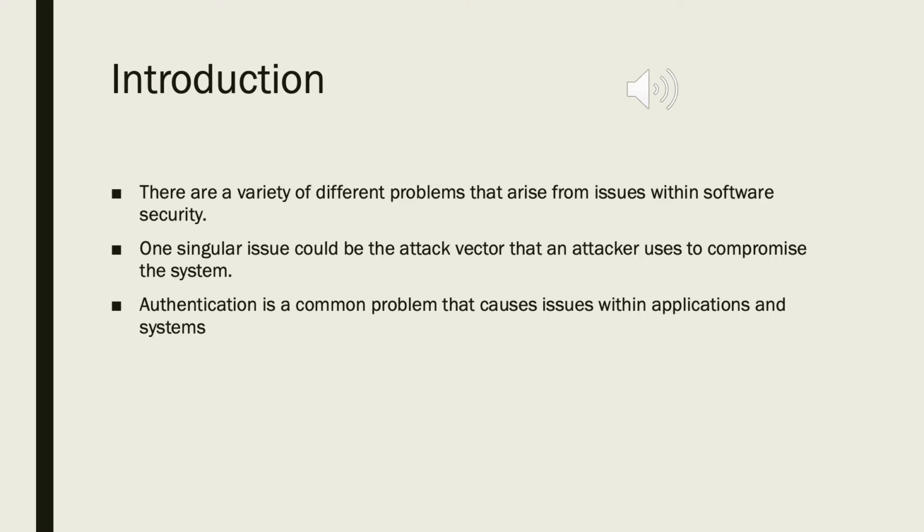But today I decided to choose authentication as the subject of the presentation. With authentication, it's like the first thing that users or attackers interact with when they try to access an application. So I felt that that's the one I wanted to pick to try and pinpoint why it was such an important attack vector and important for us to be able to secure it within software.